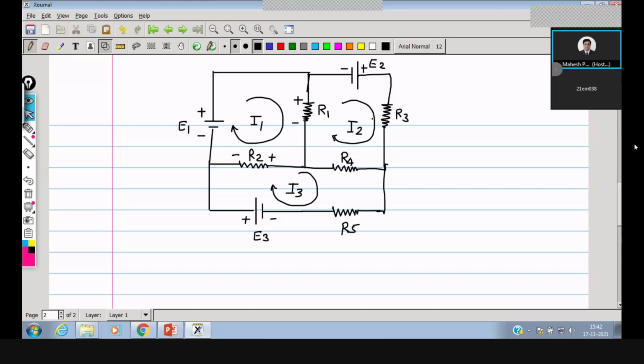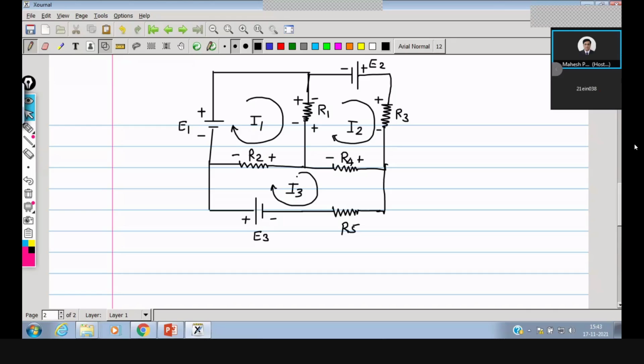Now, what about the I2 current? I2 current is again in a clockwise direction. So we'll mark plus and minus here. In the case of R3, it is plus and minus. And similarly for R4, we will mark plus and minus. Correct?